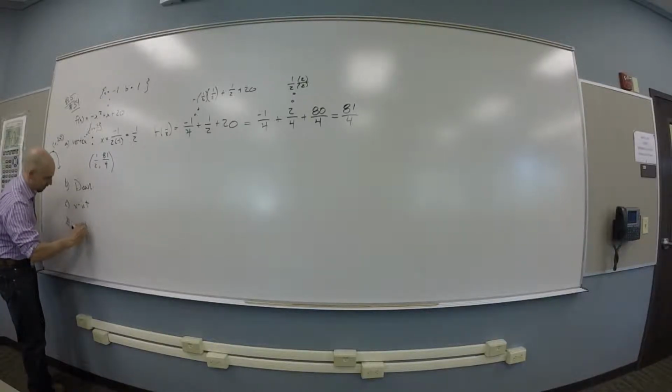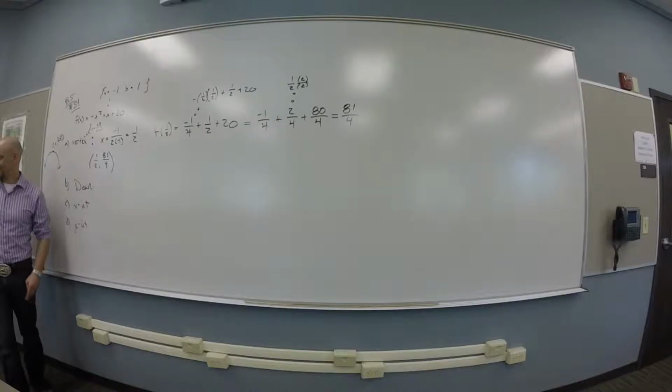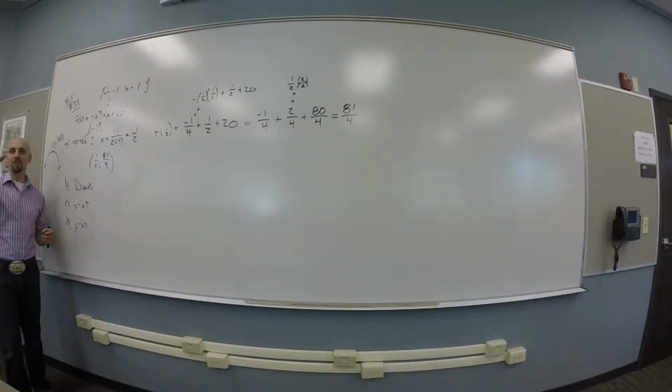Correct. So which one's which? C is x. No, I mean how do you find them? 0 is y. Plug in 0 and F of 0. So I need to figure out what happens when I plug 0 in. Plugging 0 in makes me on the y-axis, so that's the y-intercept.